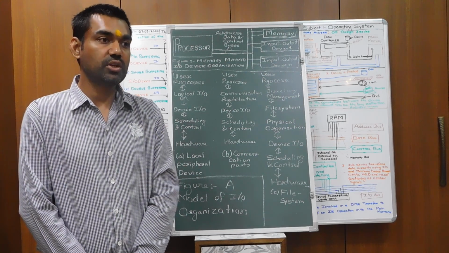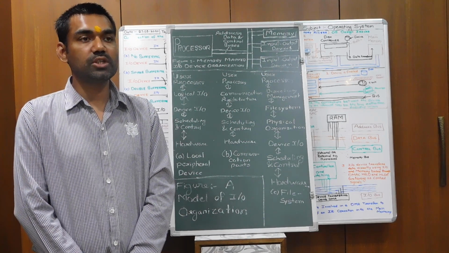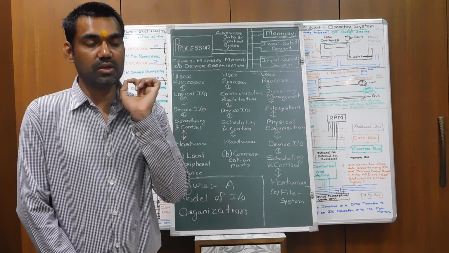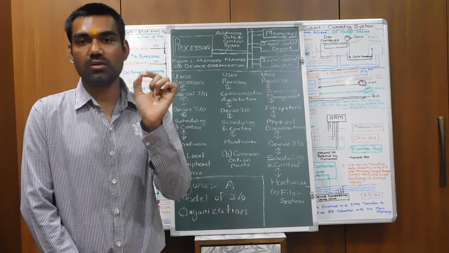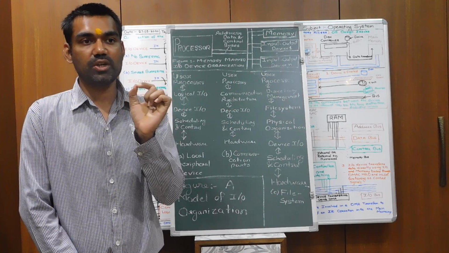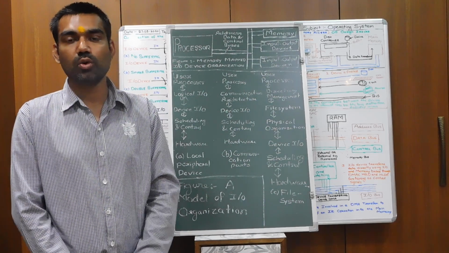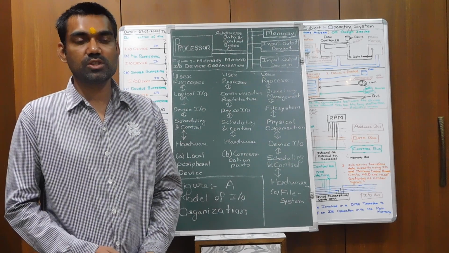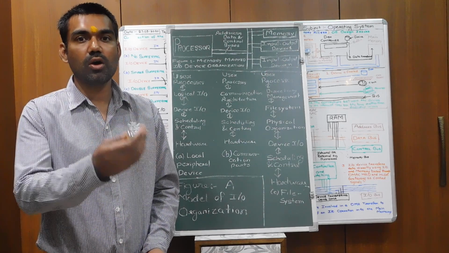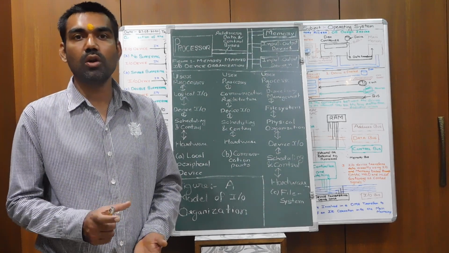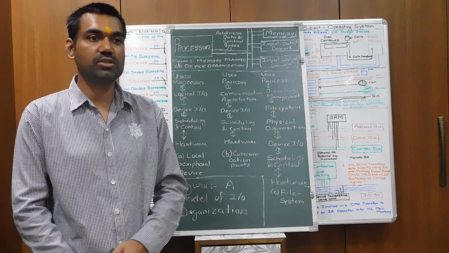What the processor will do is send the signal. Whatever operation the processor wants to have on the IO device will appear in the control registers or the command registers.